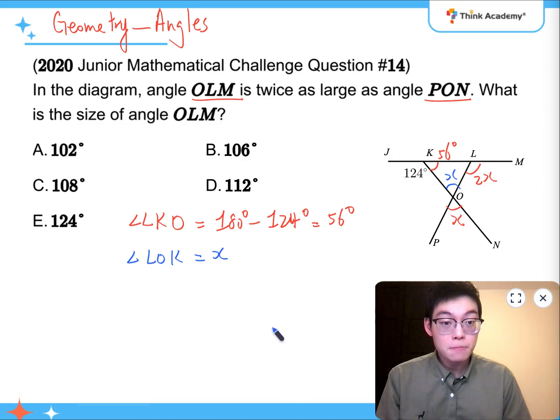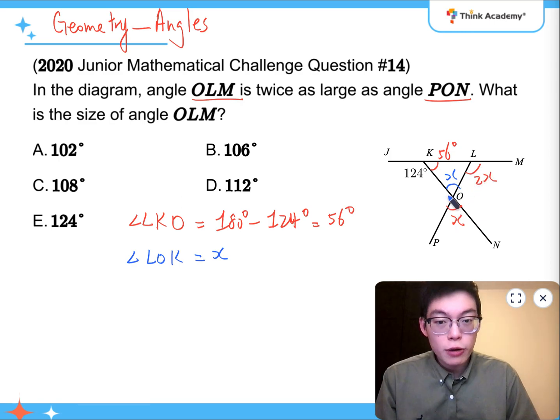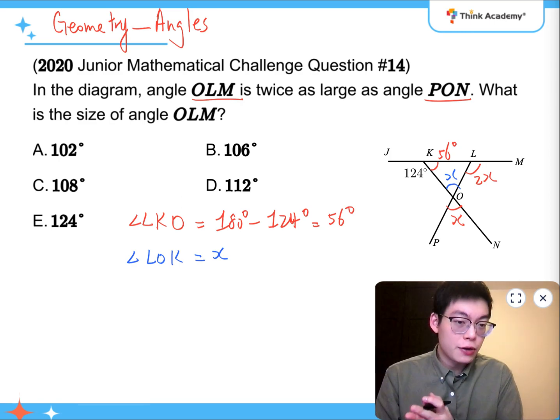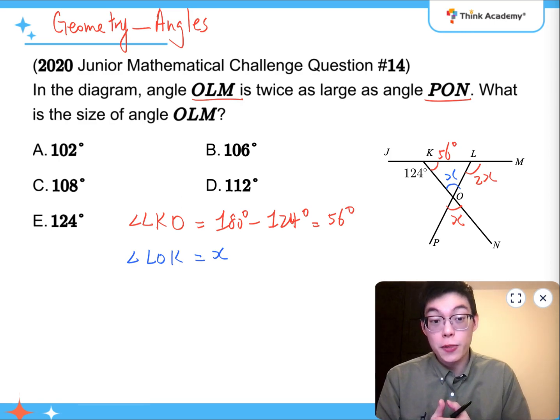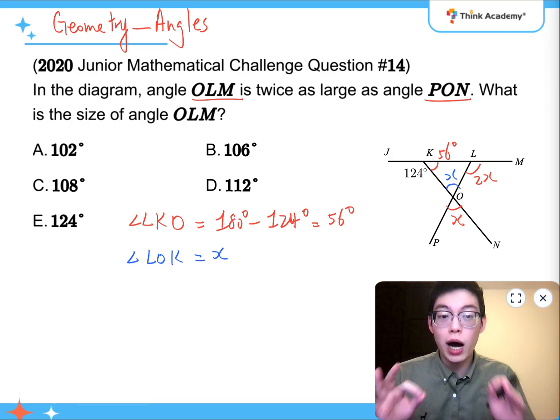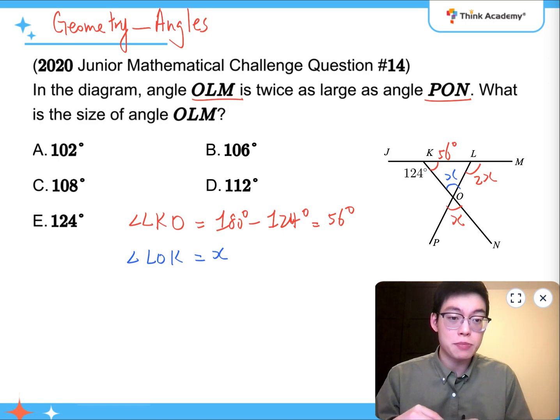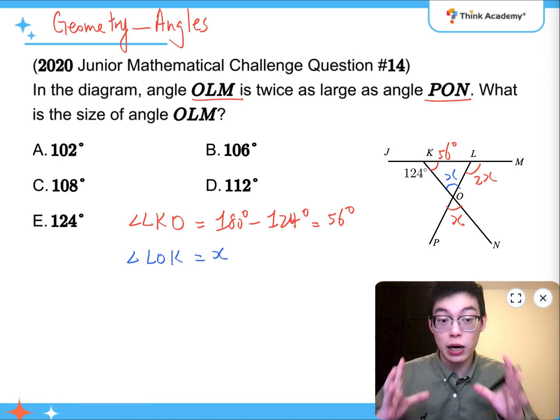Now I can write an equation using the rule that the exterior angle equals the two interior angles added together. That's a geometry rule that I've talked about many times, but lots of you are still forgetting it. It is very important because it is widely applicable in questions at this stage, especially those related to triangles.